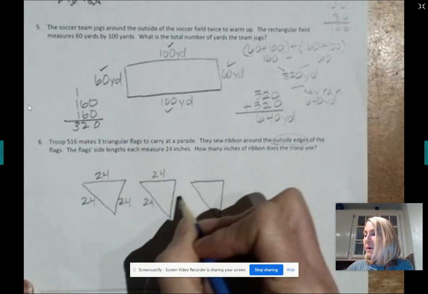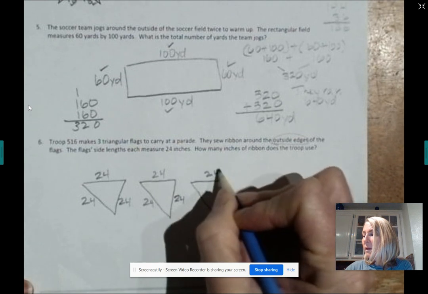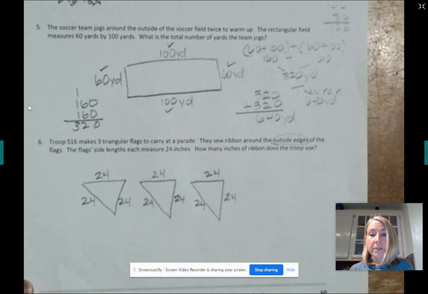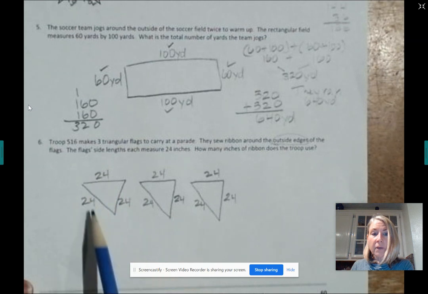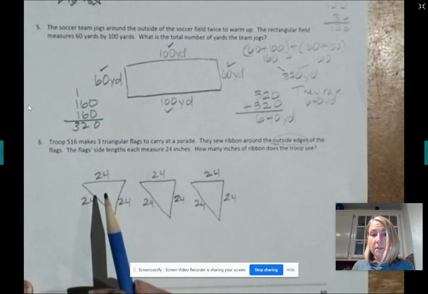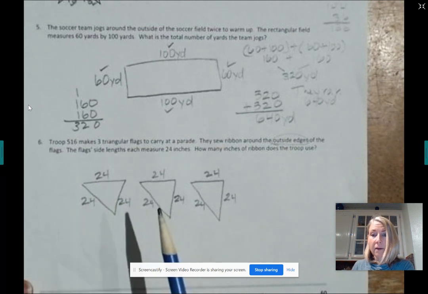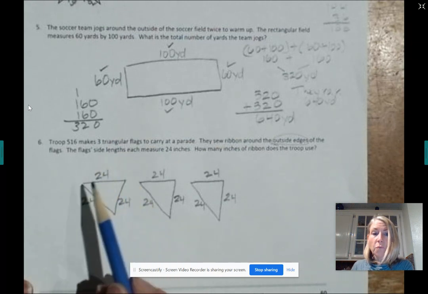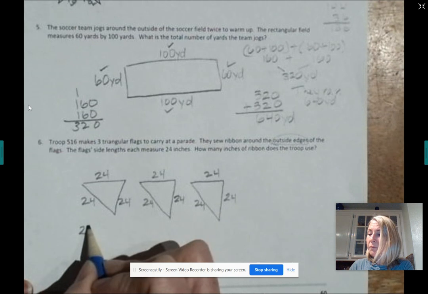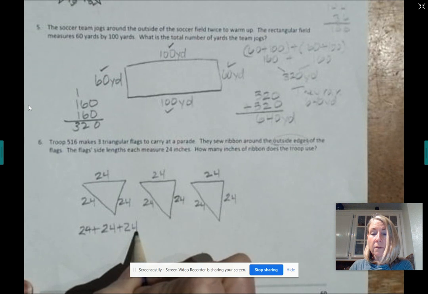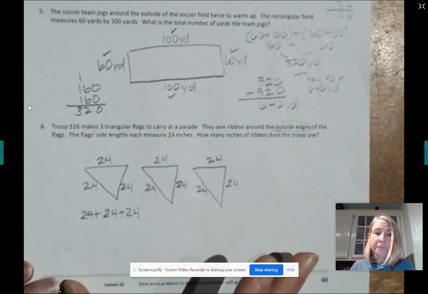Okay. Now on this one, rather than make a huge list of 24s, we're going to think a little bit more strategically. Because if I can figure out one of the flags, then I can use that amount to either multiply or add on those additional amounts. So I'm going to focus just on one flag, and I'm going to say 24 plus 24 plus 24, and we'll go over the multiplication of this in a second.